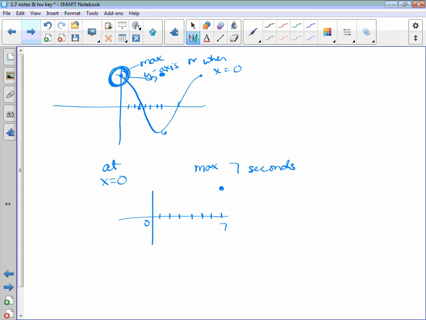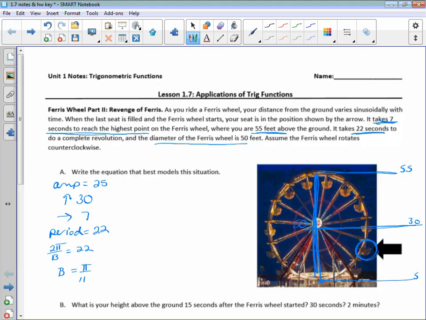We know the maximum is there instead of here. So it just goes that way. That's it. Do you see how it'd be much more complicated with sine? Because your first maximum is normally at pi over 2. We don't want to figure out where we've shifted from pi over 2. So just use cosine every time.